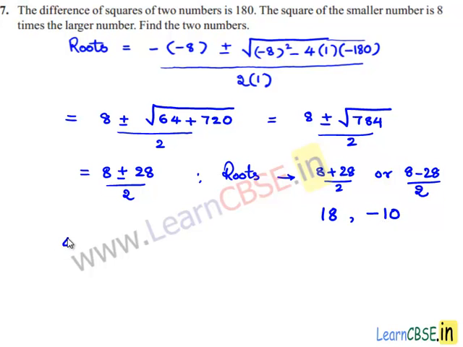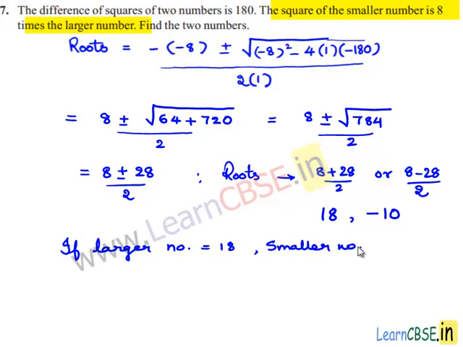If larger number is equal to 18, smaller number is square root of 8x, which is 8 times of 18. This is equal to plus or minus 12.